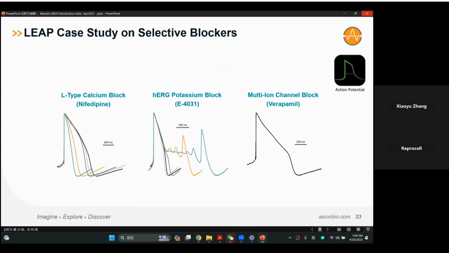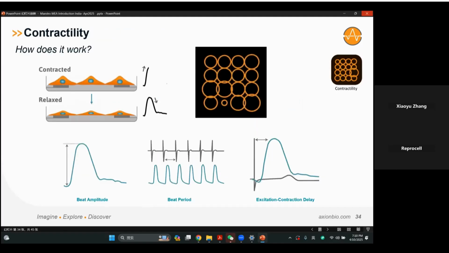Finally, we applied the multi-ion channel blocker verapamil. It blocks both the calcium and potassium currents. And so the treatment shortened the LEAP signal and eliminated the plateau phase of the action potential.